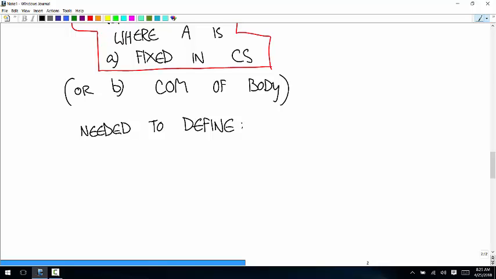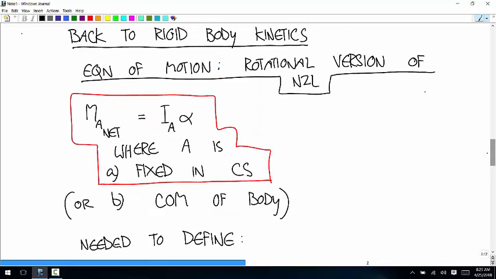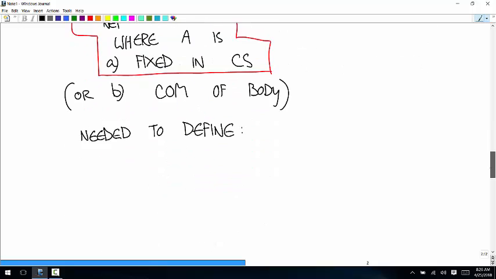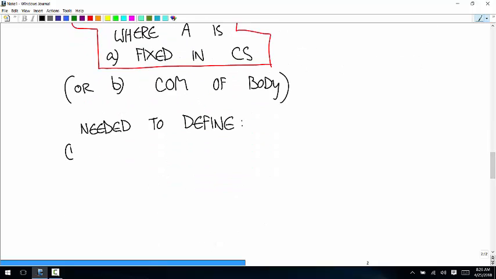So we needed to define two things before we could use this equation. We already knew the angular acceleration. We know what that means. We needed to define the moment and the moment of inertia. So the mass moment of inertia, we talked about that. Done.